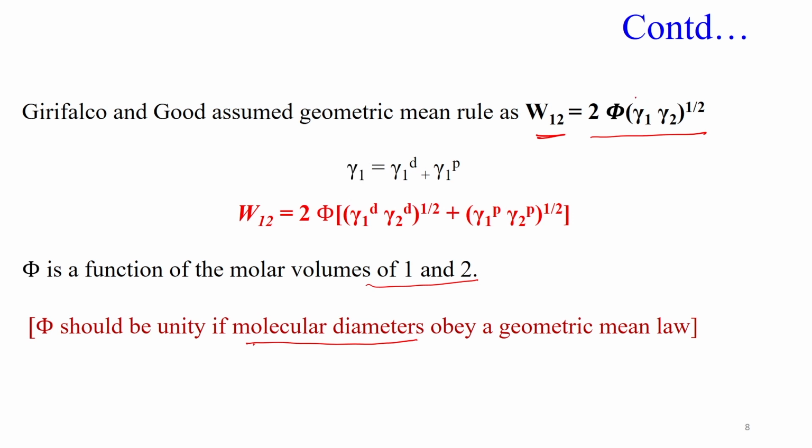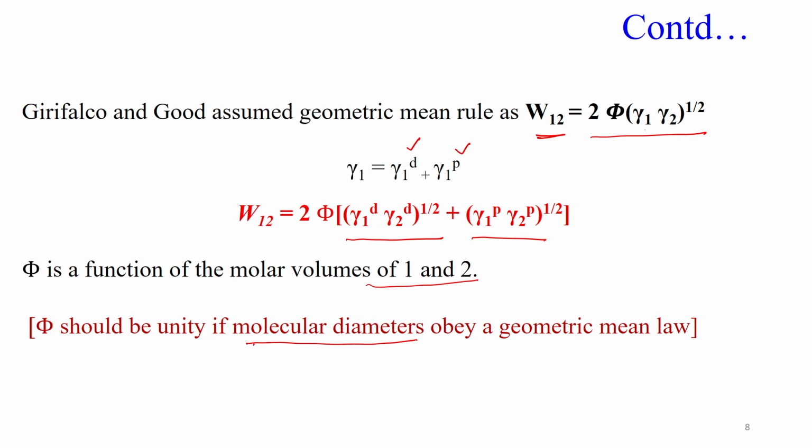And again, if you remember, we discussed that the surface tension of a particular solid or liquid has two components: one is the dispersive or non-polar, the other is the polar. So, if you write gamma 1 as gamma 1 polar plus gamma 1 dispersive, similarly for gamma 2, this will be W12 equal to 2 phi times gamma 1 dispersive, gamma 2 dispersive to the power half plus gamma 1 polar, gamma 2 polar to the power half.